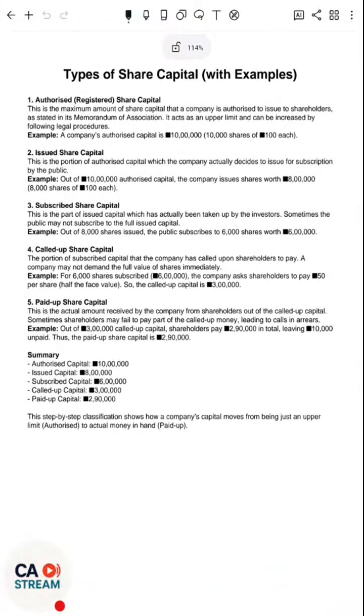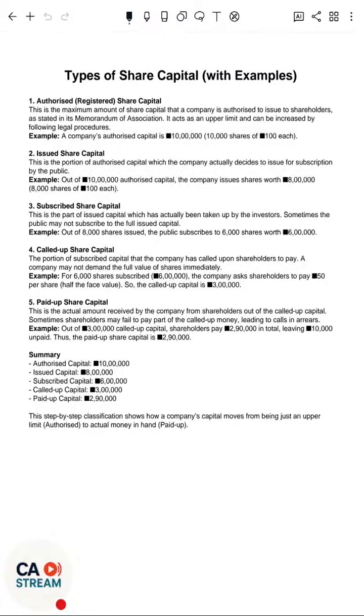First of all, we will go with the types of the share capitals or types of the shares. As far as the types of the shares are concerned, there are 5 types of the shares: authorized share capital, issued share capital, subscribed share capital, called up, and paid up. After discussion, we will have this summary.